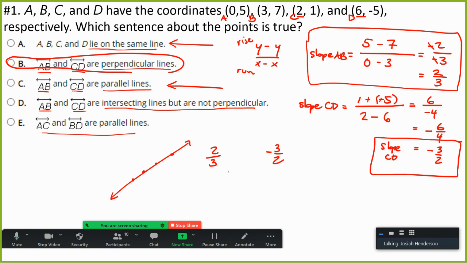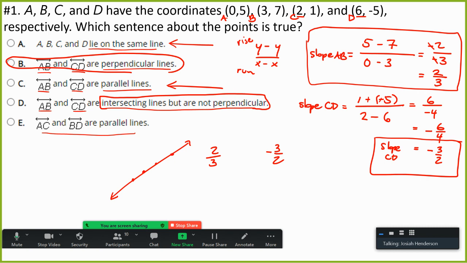We could do for AB and for CD. And then if they come out to the same equation, they would be the same line. If they come out to different equations but equal slopes still, then they're just parallel lines. If we get different slopes that aren't opposite reciprocals, that means they're intersecting, but they're not perpendicular.